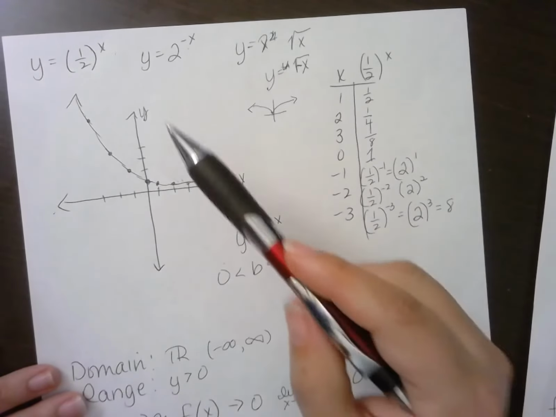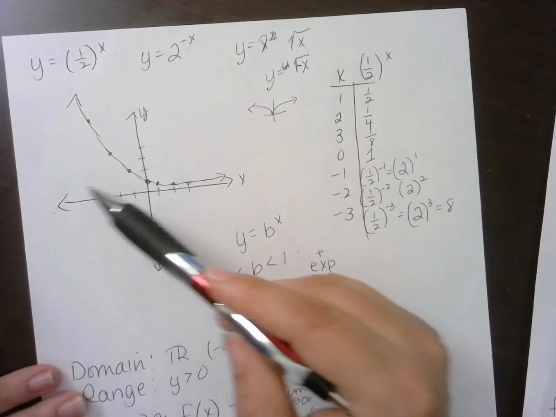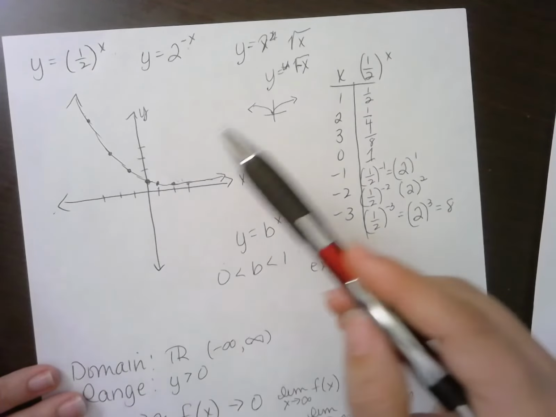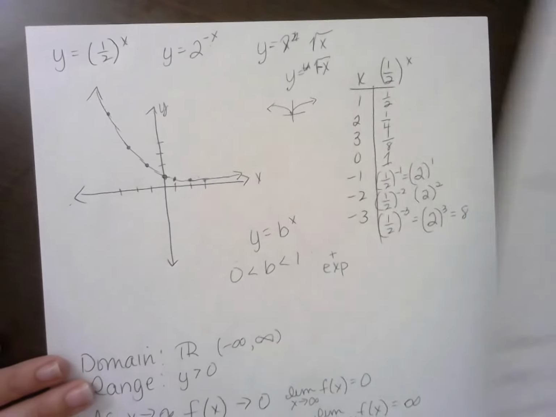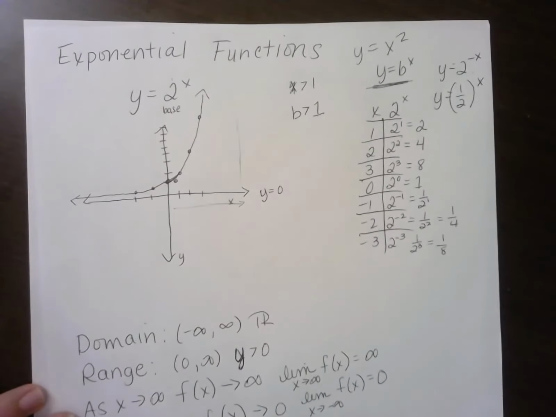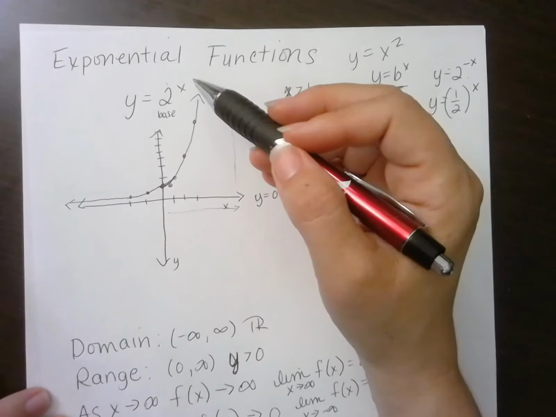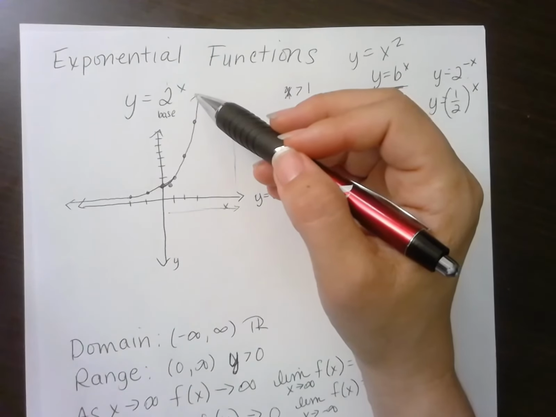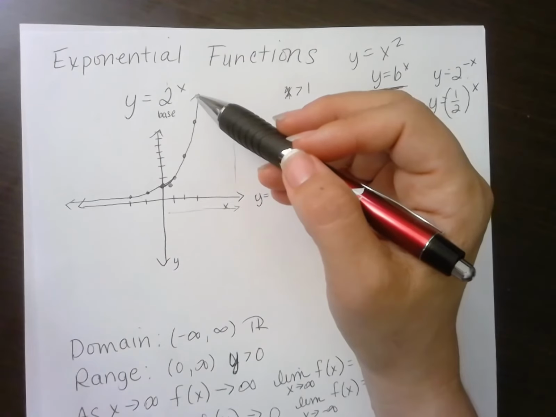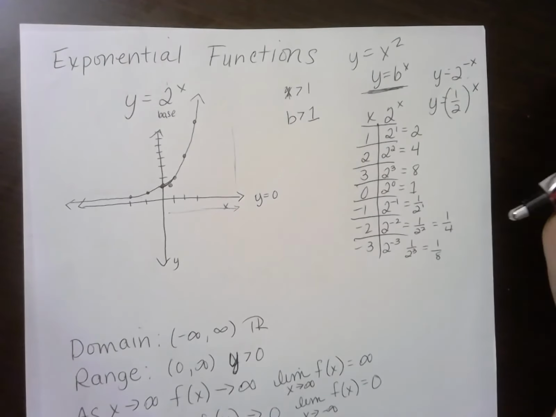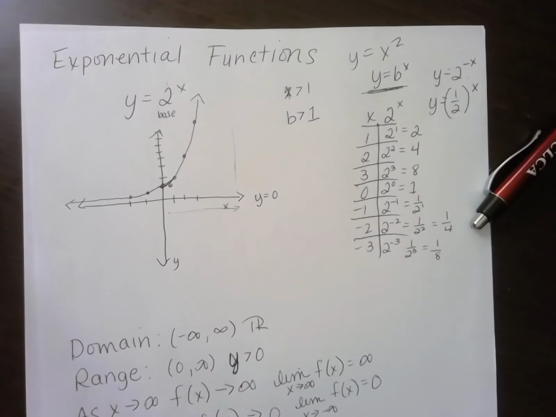When x is positive and my number is bigger than 1, I get the opposite behavior. Again, what makes it an exponential function is that the variable is the exponent. We're going to solve equations later using these, and it's a completely different method than what we have used so far.